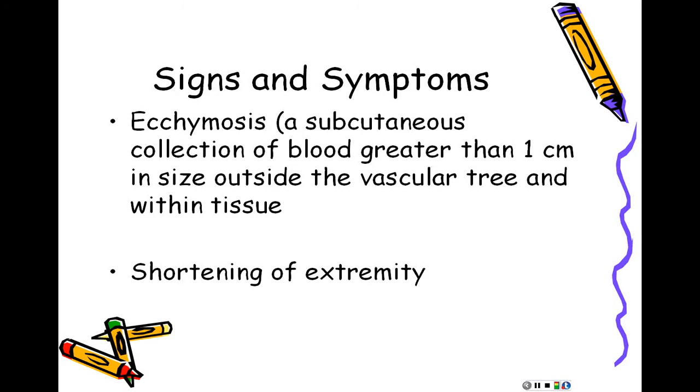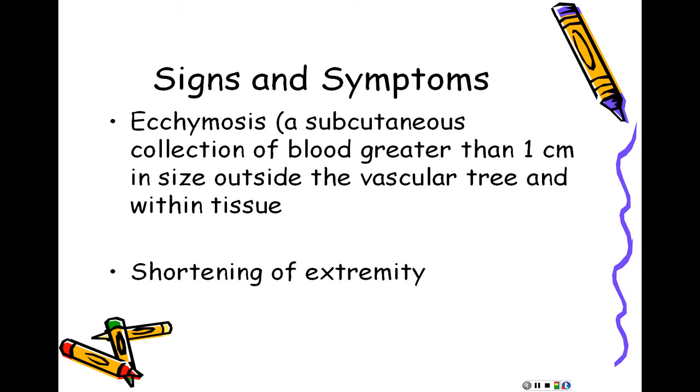Other signs and symptoms that we may see associated with the fracture: ecchymosis, and this is one of those terms that you should have remembered from health assessment. We know that we have ecchymosis and we also have petechiae. Ecchymosis is large reddened spots that we see. Petechiae are those pinpoint red spots.